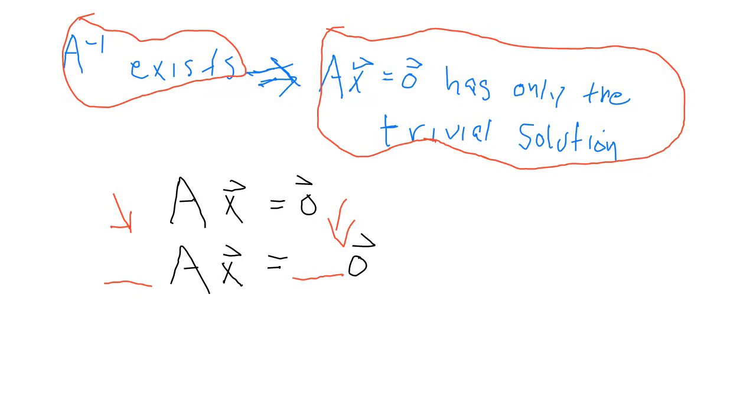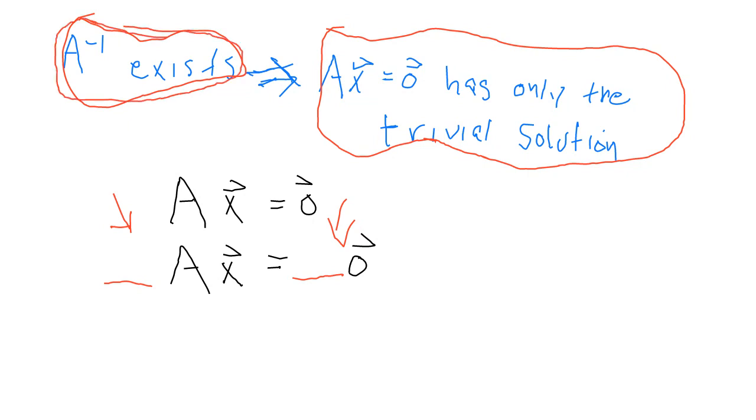So what we're doing is, we have a statement. I'm thinking about the invertible matrix theorem, and why statement A implies statement D. Statement A is that A inverse exists.